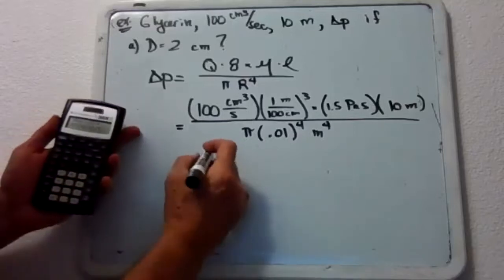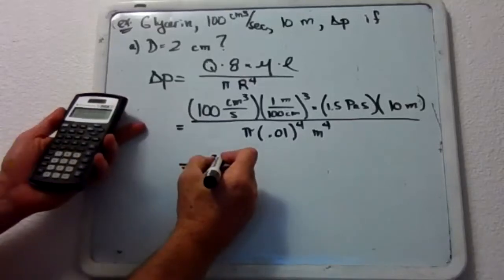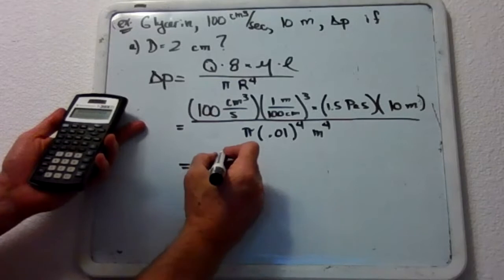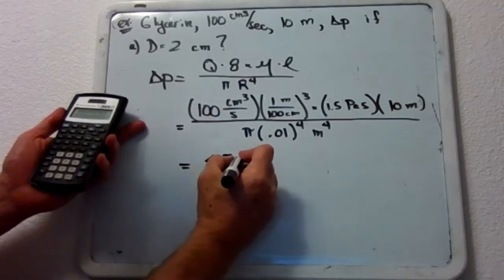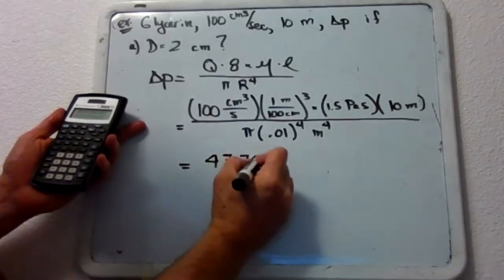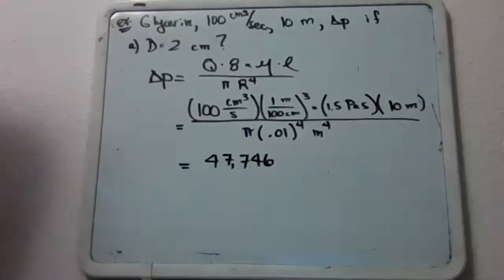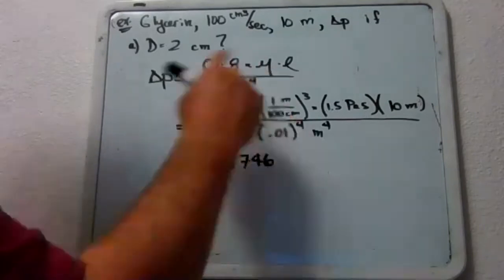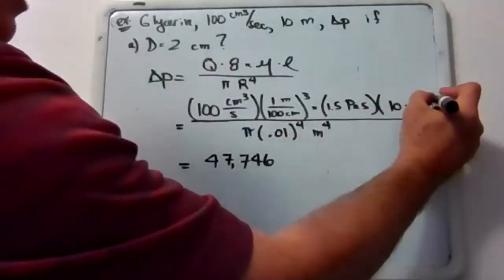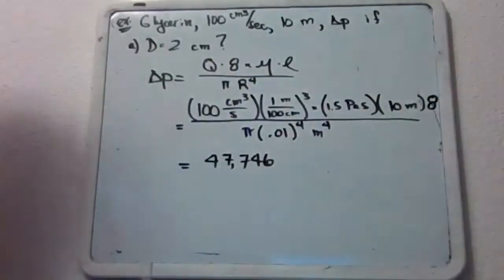Okay, and my calculator is giving me a really, really big number. Where'd your 8 go? Oh, great catch, whoever said that. Thank you. I'm missing the 8, so I'm just going to put that over here. Thank you so much, whoever said that. So I need to multiply this by 8.